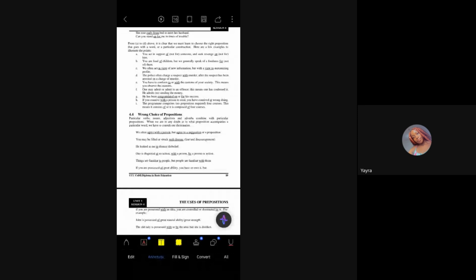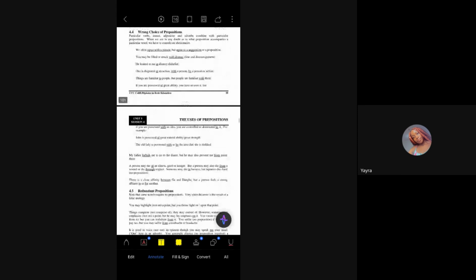In view of, not in view to. So these are some of the errors that they want us to change. They also highlighted the wrong choice of prepositions, how we choose prepositions wrongly. We should read on that one too, so that we get more understanding of how to use them.